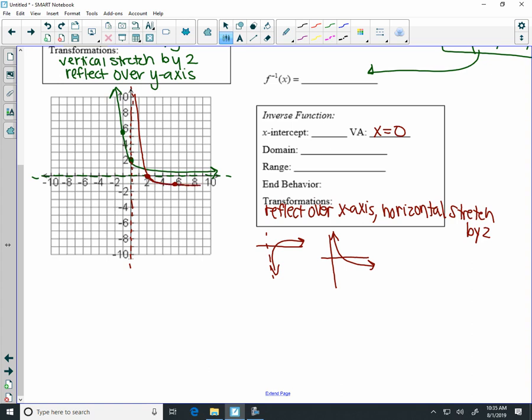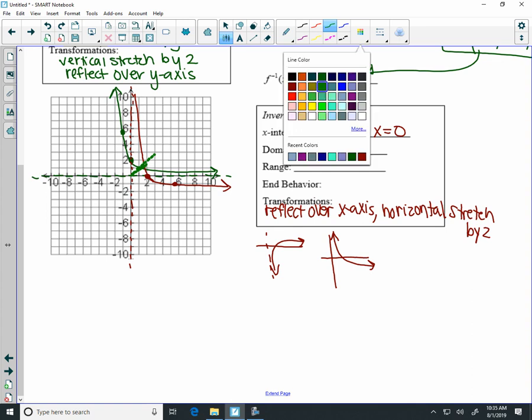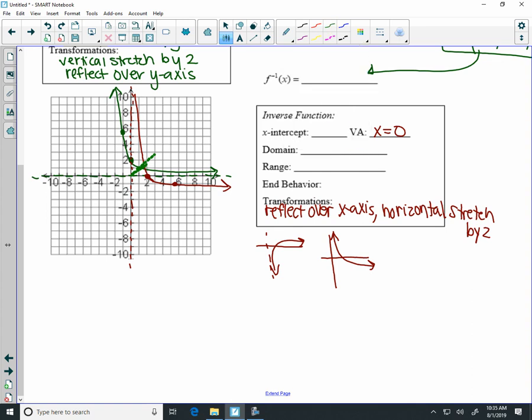Let's get that reflection. Not the best meet up here, we should be crossing y equals x. So not the best graph I've ever done, but my ordered pairs are nice flips of each other. So my x-intercept, I'm crossing the x-axis at 2, 0.